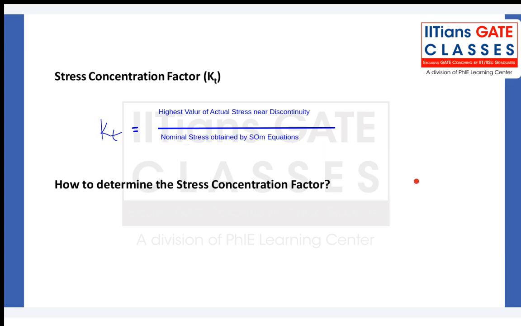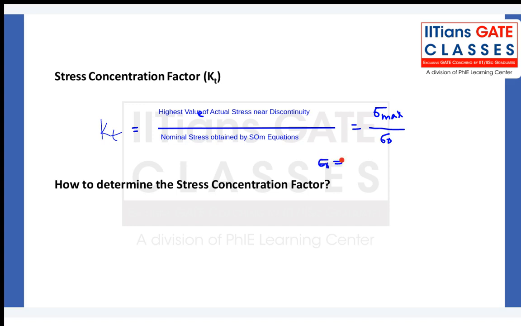The highest value of actual stress near the discontinuity is nothing else but sigma max, divided by the nominal stress obtained by some equation, that is sigma naught. What is the value of sigma naught?